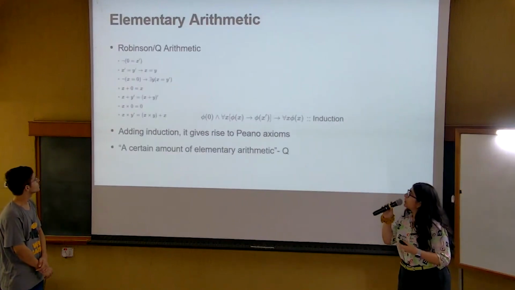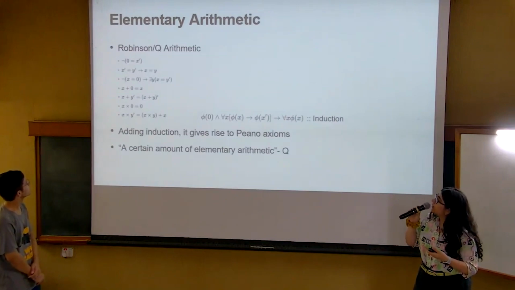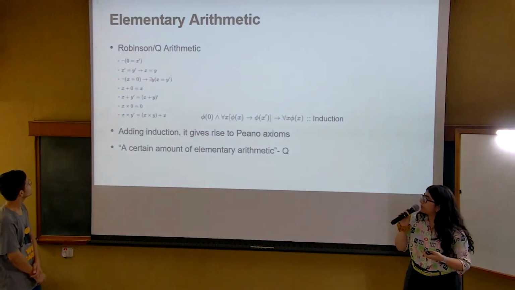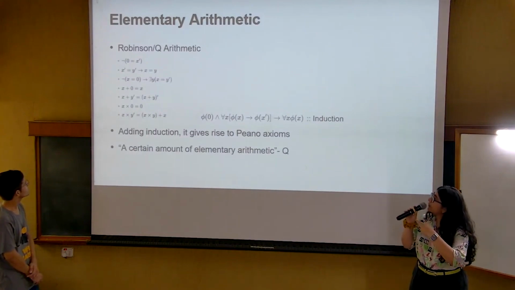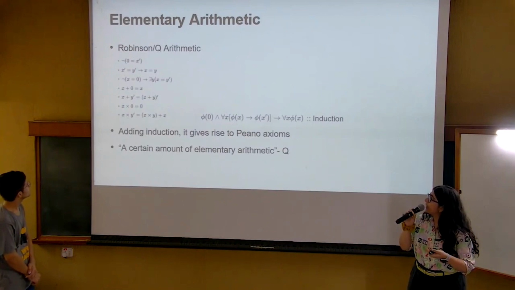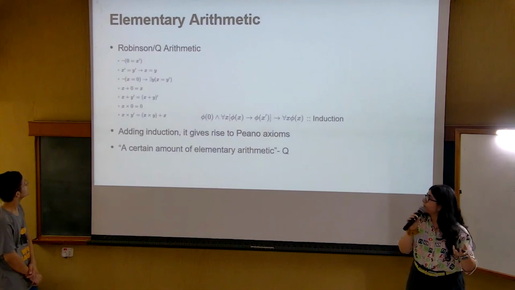To move into it, we also focus on Robinson or Q arithmetic systems, which are based upon 7 axioms, as I mentioned here. The first axiom states that 0 cannot be the successor of any element present in the system.